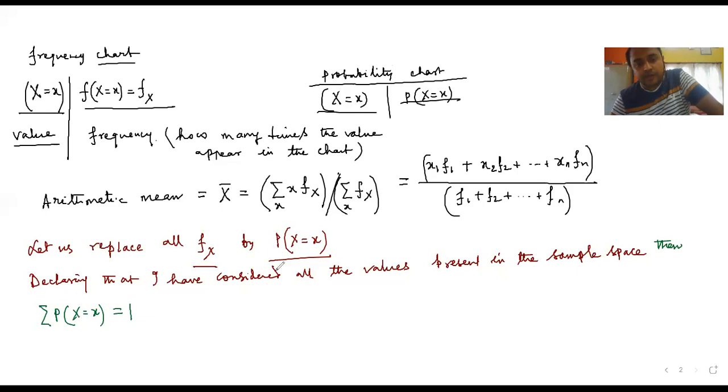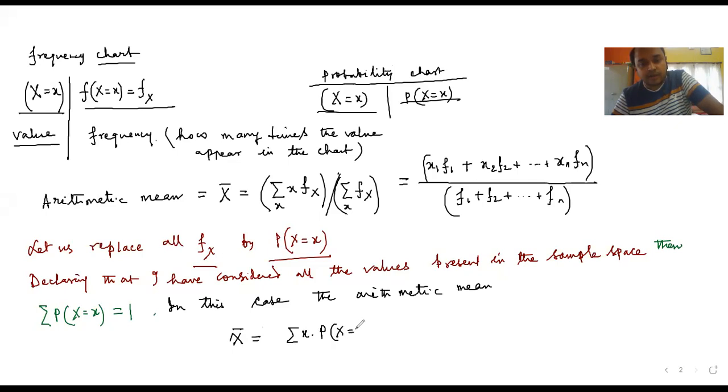Now if I want to calculate the arithmetic mean in this case, the arithmetic mean x bar will be equal to summation of x into probability of X equal to small x over x, divided by summation of probability of X equal to small x over x.